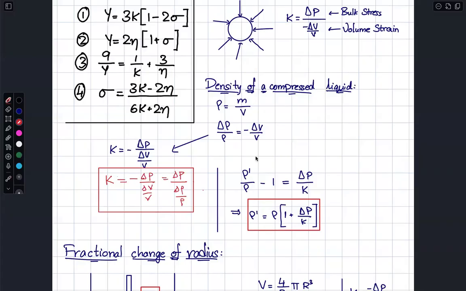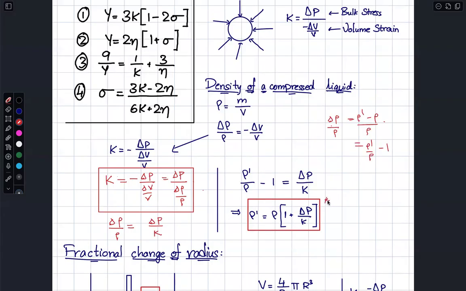So from this, delta rho by rho can be written as delta P by K. So obviously, what is delta rho? Final minus initial. Delta rho by rho means this one. So I have used this.